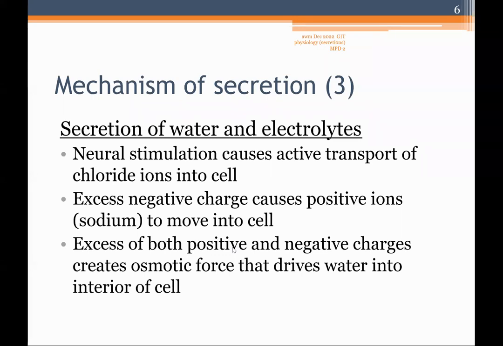So the sodium ions are going to move into the cell following the active transport of chloride ions. Now, when you have an excess of both the positive and negative charges, this is going to create an osmotic force that is also going to drive water into the cell. So that's how the water and the electrolytes are going to travel together into the cell.